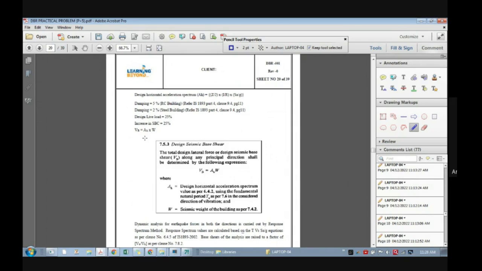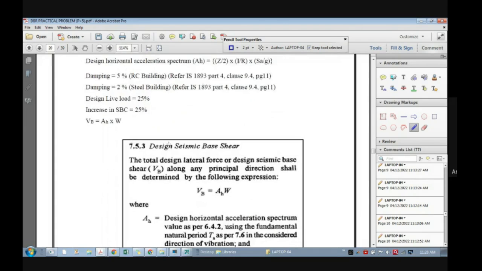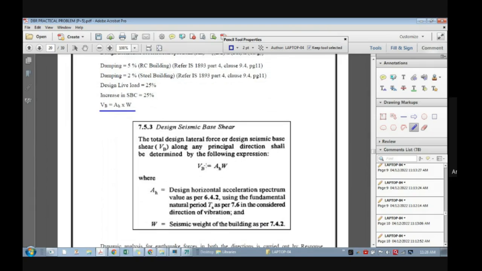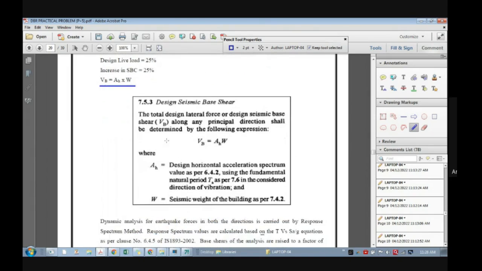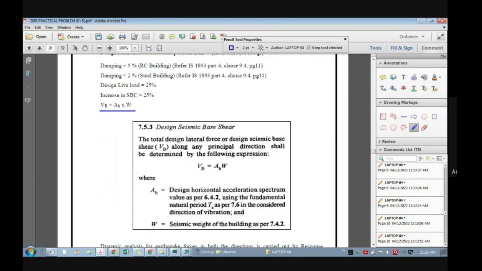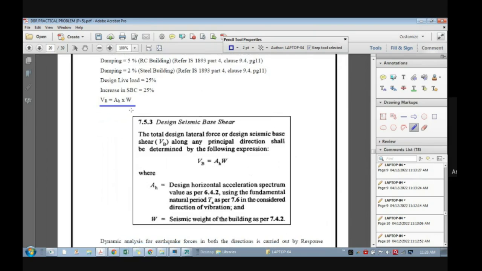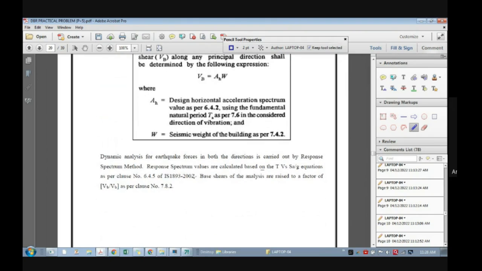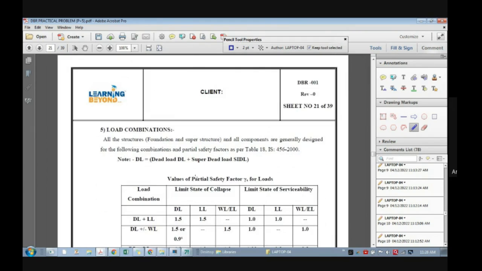And then finally, we will calculate the base shear. All this information is required to calculate the base shear, and the formula is Ah into W. We get this formula from clause 7.5.3. W is the seismic weight, which we get from the software. And there are some scale factors in the earthquake part.